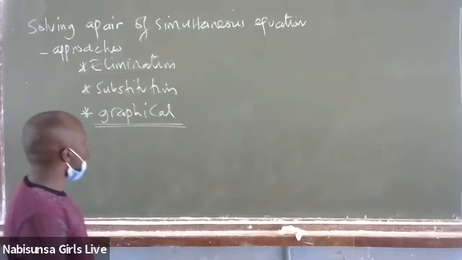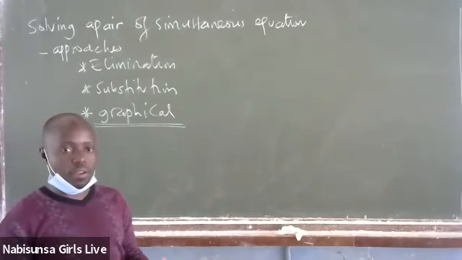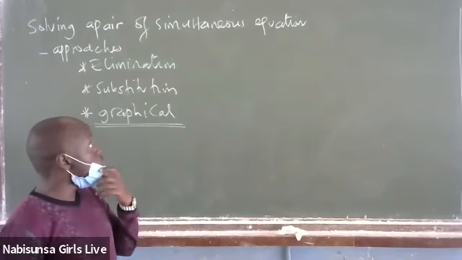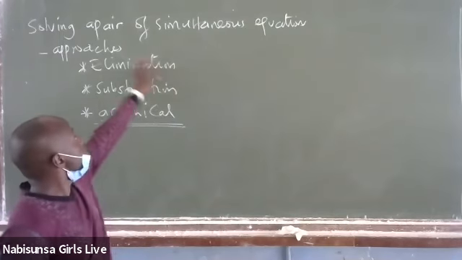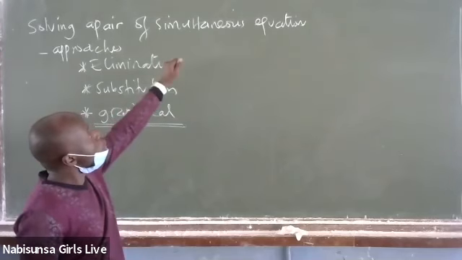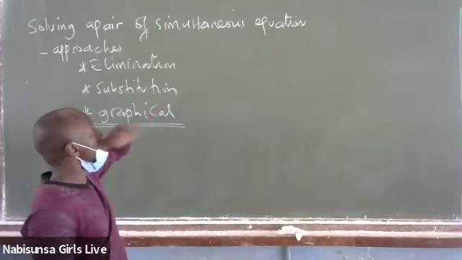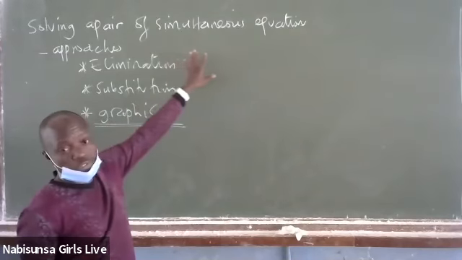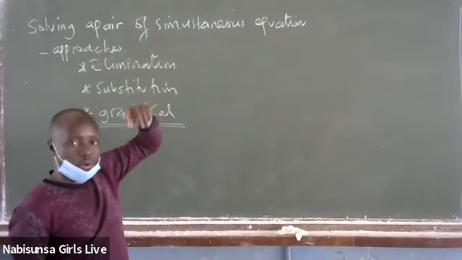That's where we want to have a discussion on how do we use the graph. Now, simultaneous equations, it could be a pair or they could be more than two. The value of x and the y, or the values of the unknowns must satisfy both equations.